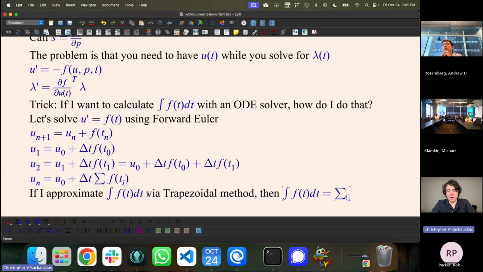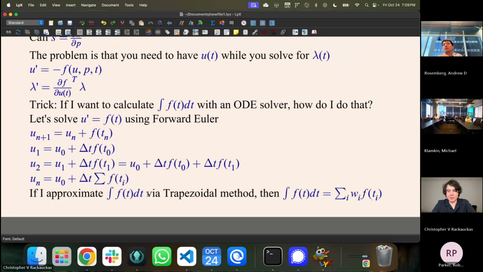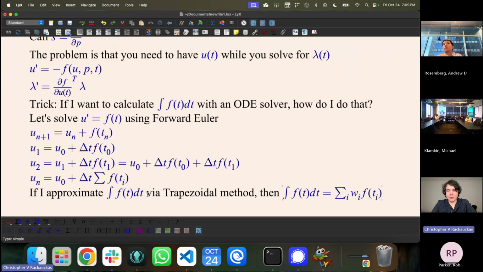I do the sum over i, I have a weight sub i, and then I have f of t sub i, right? Now, if I do trapezoidal method, the weight is delta t, right? It's the weight between these, right? So if I want to approximate an integral, then I use the trapezoidal method. This is what I have. If I solve this ODE with forward Euler, this is what I get as my term.